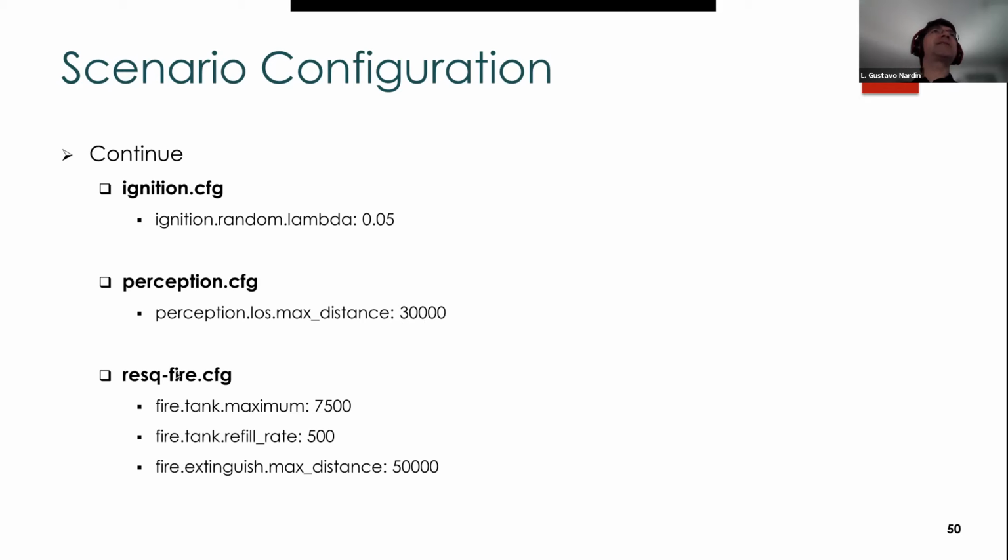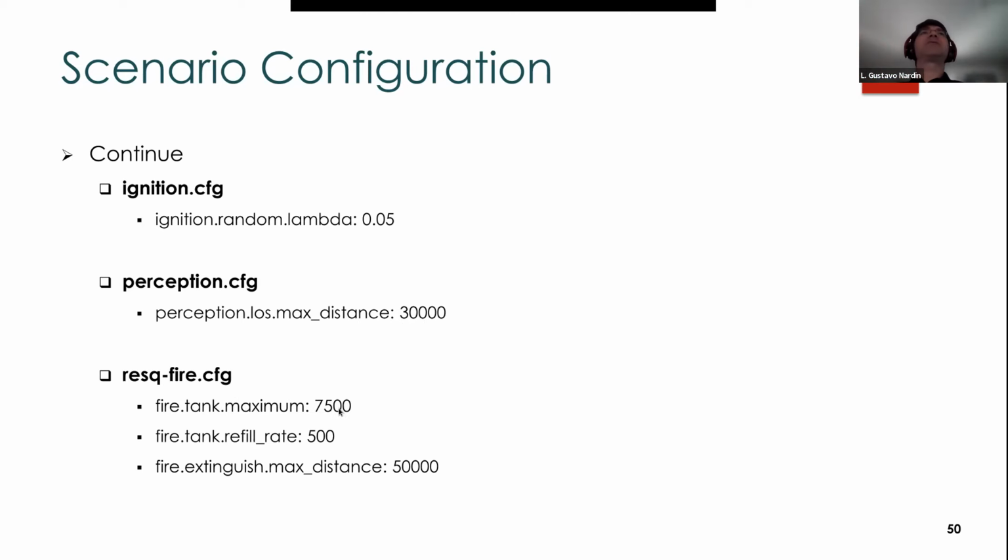And the rest fire, we can specify some parameters with regard to the fire brigade. The fire brigade can extinguish fire, but they need to have water in their tank in order to perform that activity. The maximum capacity of the tank of water in a fire brigade can be specified.